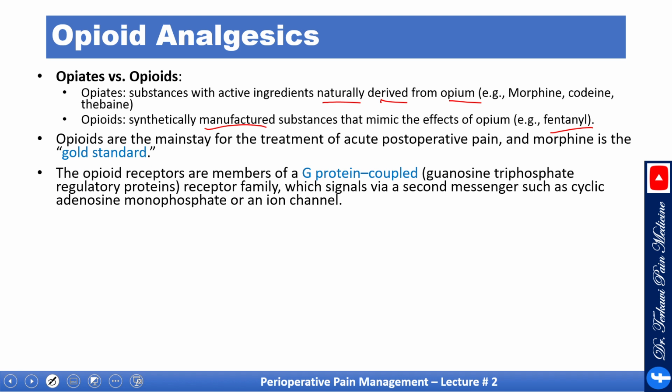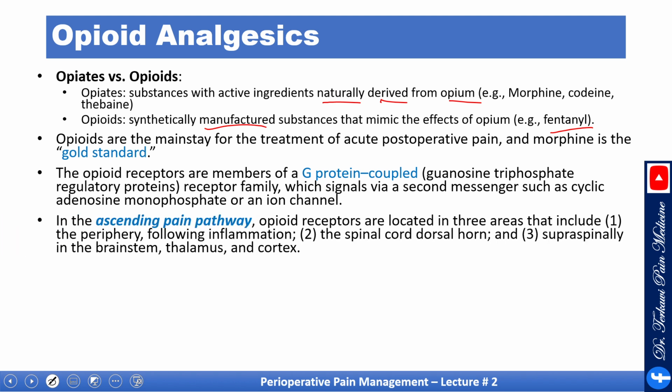Opioid receptors are members of the G protein-coupled receptor family, which signal via a second messenger such as cyclic adenosine monophosphate or an ion channel. In the ascending pain pathway, opioid receptors are located in three areas: the periphery, following inflammation; the spinal cord, dorsal horn; and supraspinally in the brainstem, thalamus, and cortex.